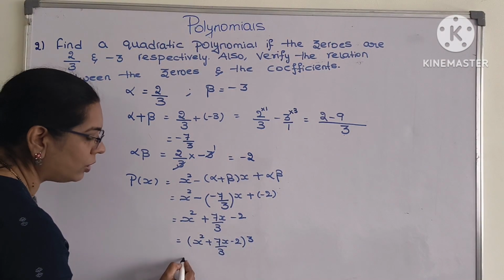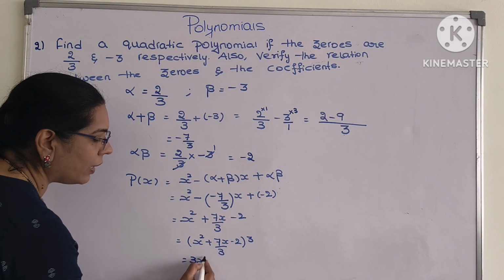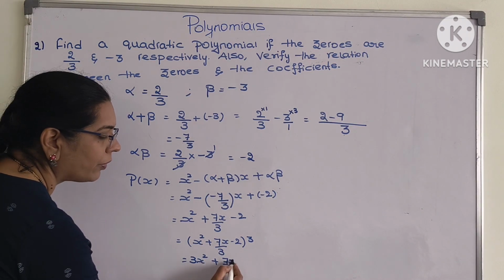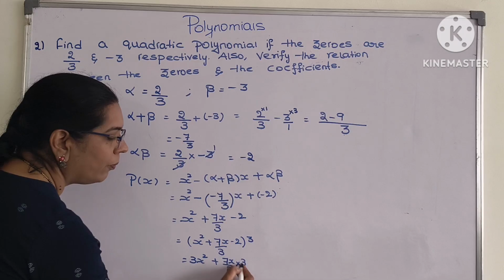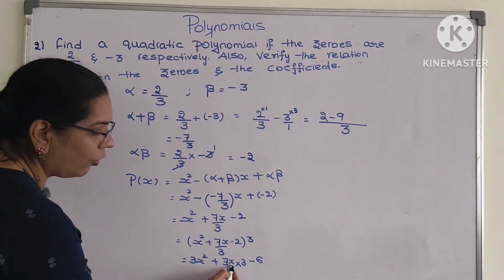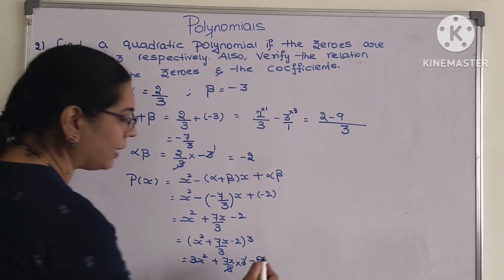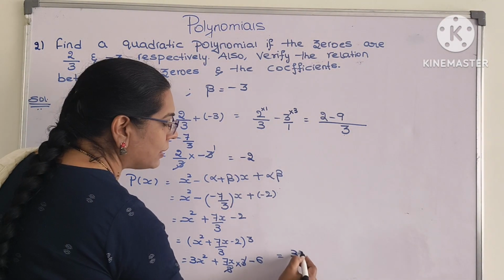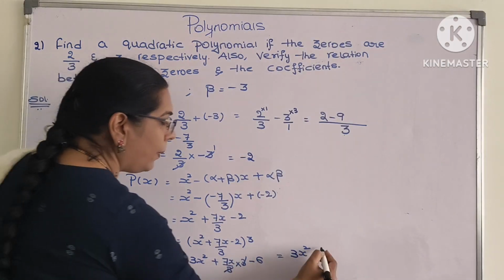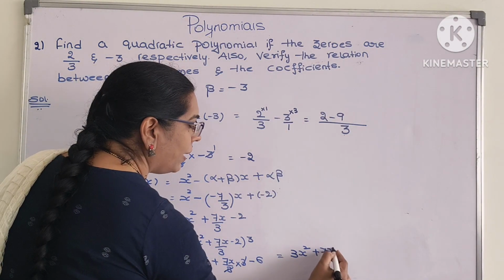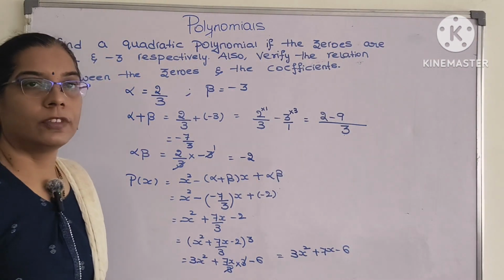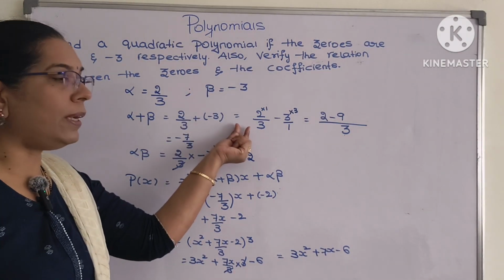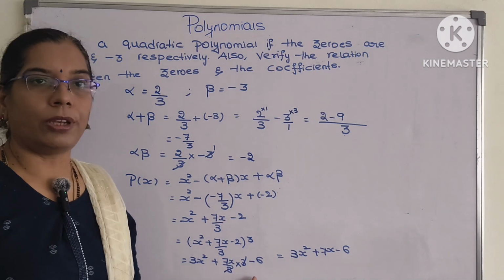So x square into 3 will be 3x square plus 7x by 3 into 3, minus 6. Now if you notice, 3 and 3 will be cancelled. So what is the required quadratic polynomial? It is 3x square plus 7x minus 6. So when zeros are given, first find alpha plus beta and alpha beta, then frame the quadratic polynomial.